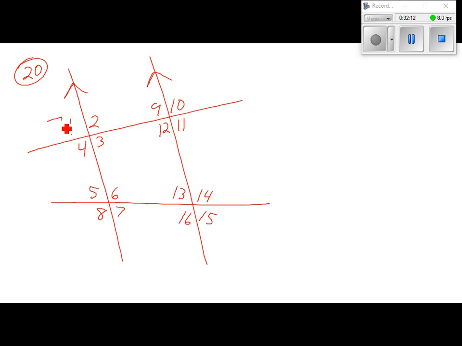And they tell us angle 1 is 70 degrees, so I'm going to write that in there. And they tell us that angle 14 is 105.